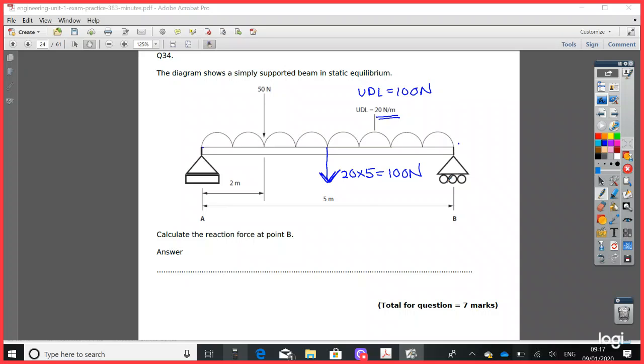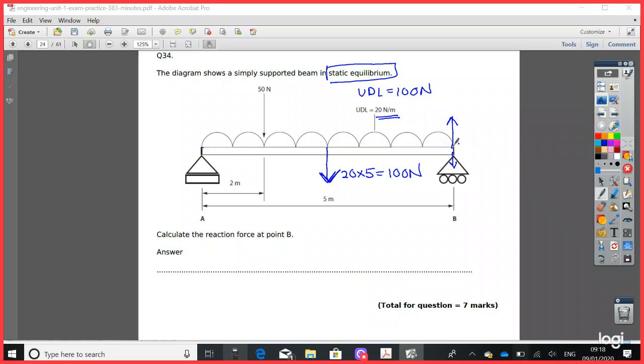Okay, so now look at the question. Calculate the reaction force at point B. Now, just to remind you about the reaction force: if this is the support, the force will be acting downwards, right? So therefore, the reaction force by this pole here will have to be opposite, because remember, it's in equilibrium.